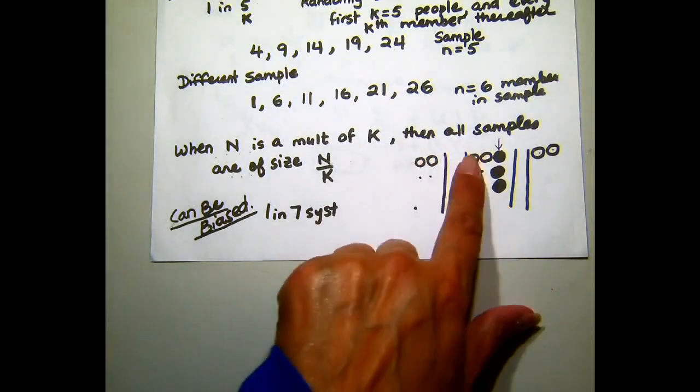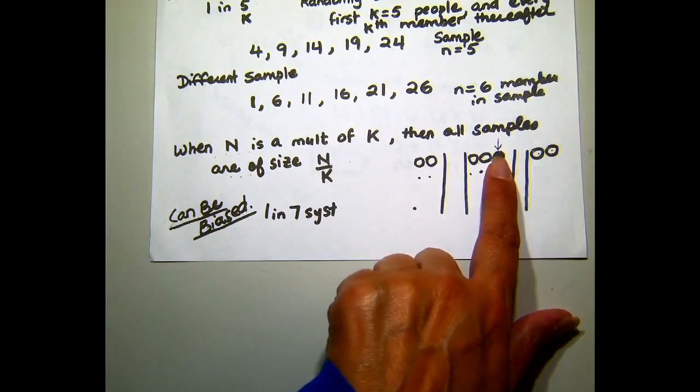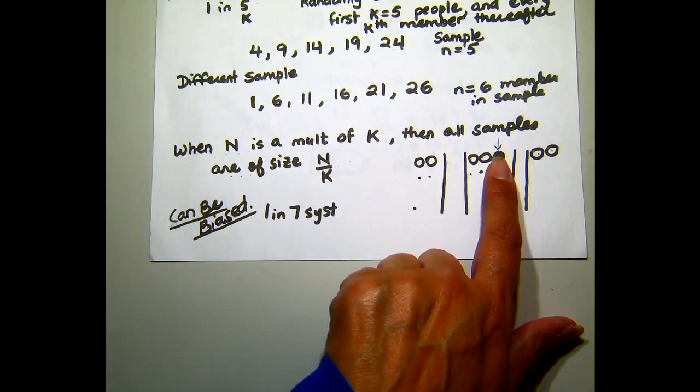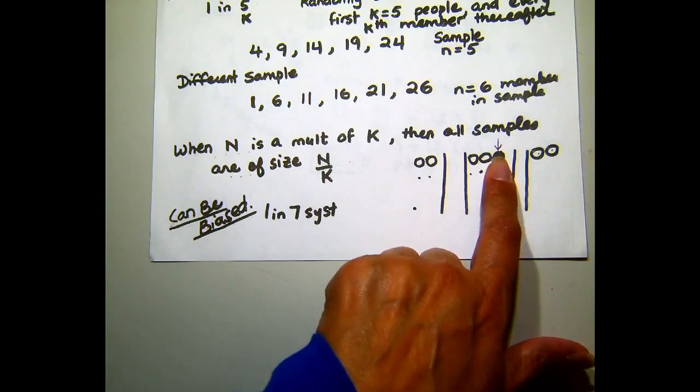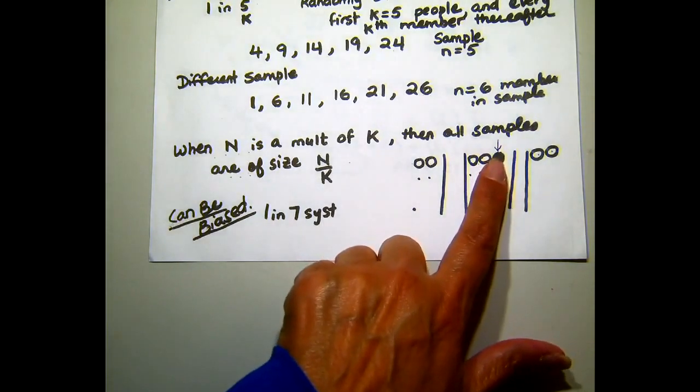So 1, 2, 3, 4, 5, 6, 7. And they picked this guy. They picked person number 5. So why is that biased? What do you think? Yes, location. What about the location?